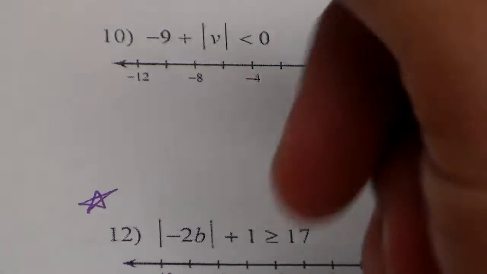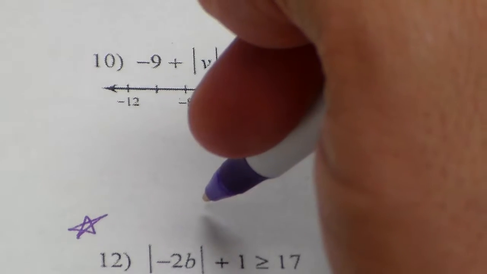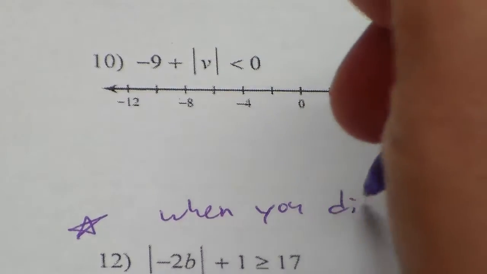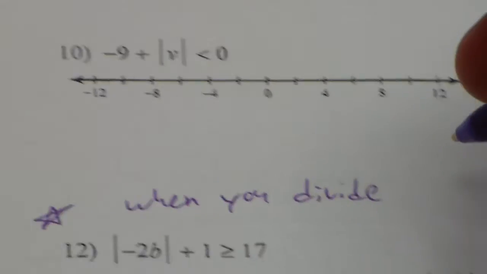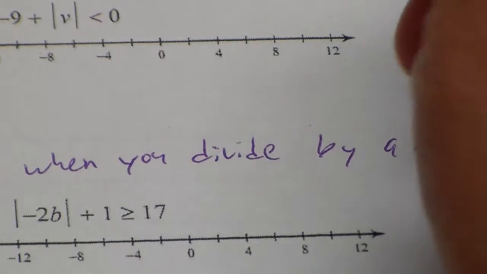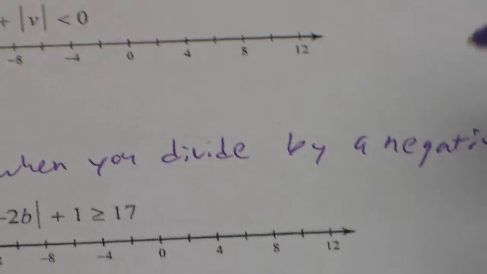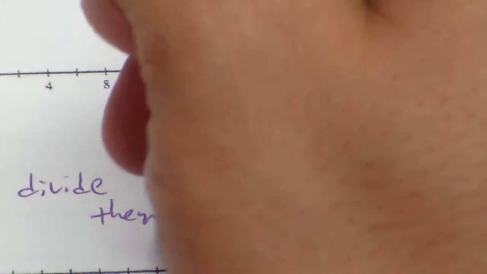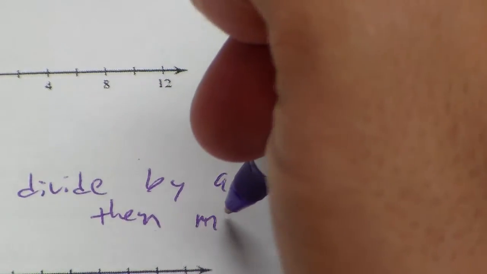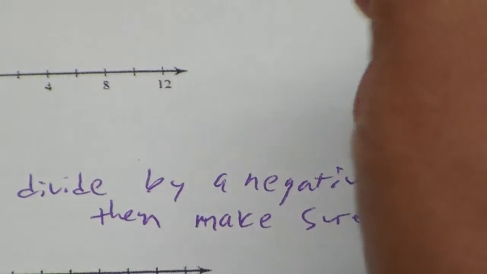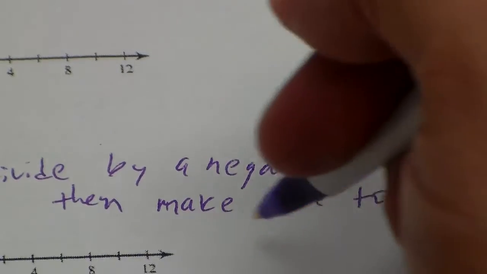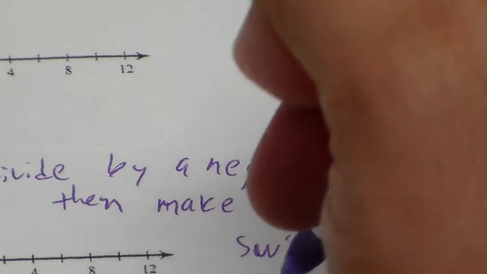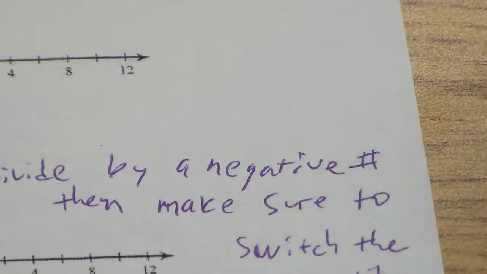And so what I'm going to say for number 12 is you want to make sure that when you divide with inequality, so when you divide by a negative number, make sure to switch the inequality sign. Switch the inequality sign.